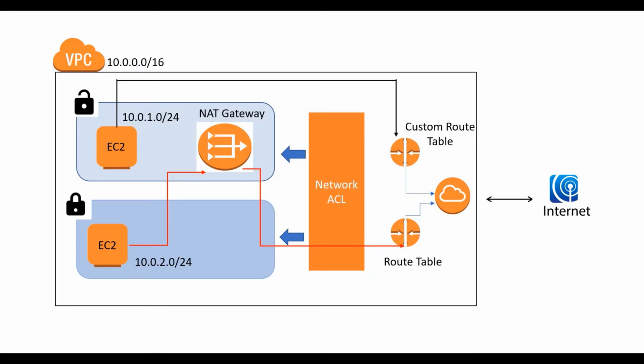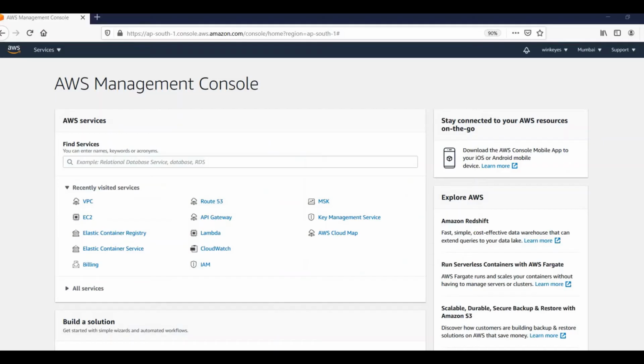For that, the private subnet has to use a NAT gateway, which will internally connect to the default route, and internally again connect to the internet gateway and get to the internet. This way we can do it. To demonstrate all these things, let's get into the practical demo.